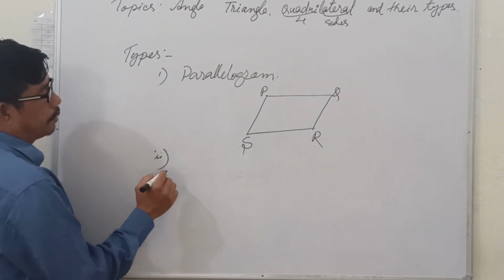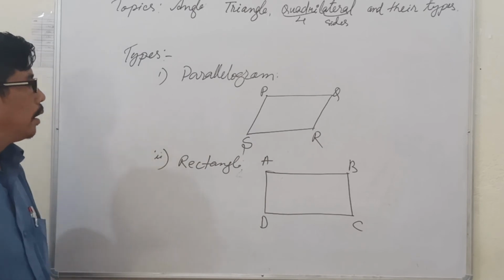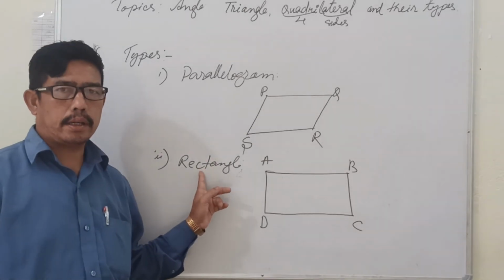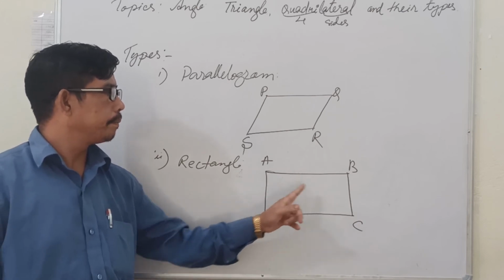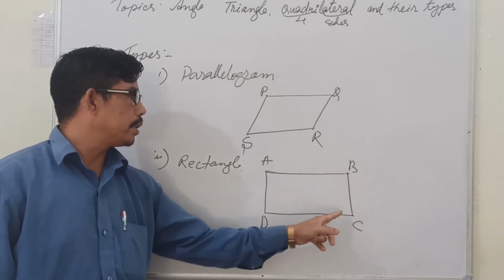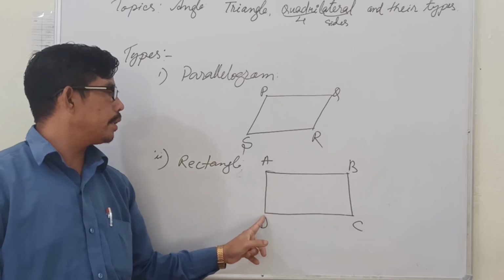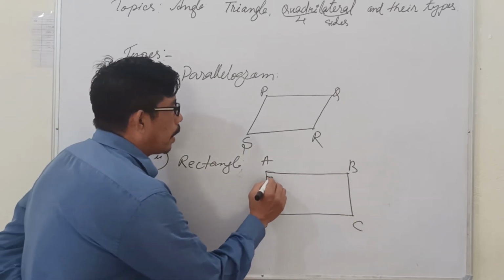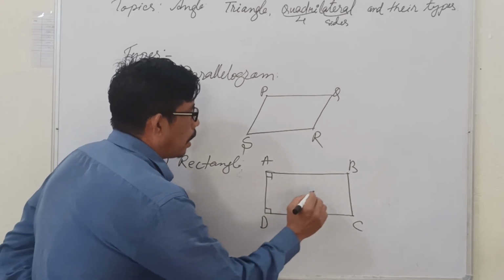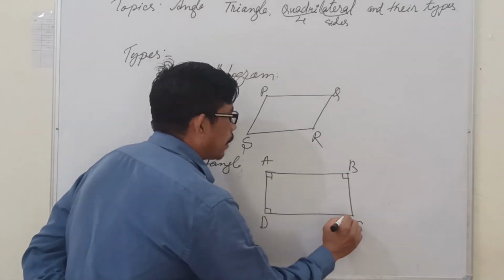Second type, rectangle. A rectangle is also a type of parallelogram because opposite sides are parallel. AB is parallel to DC. AD is parallel to BC. And all angles have 90 degrees.